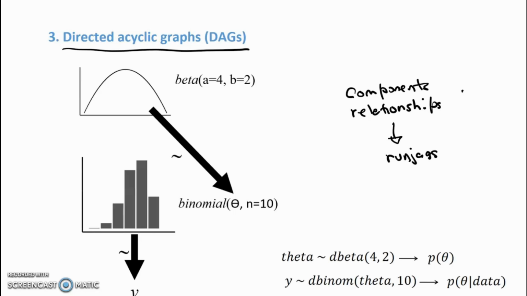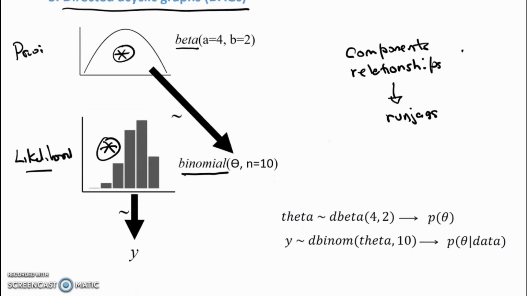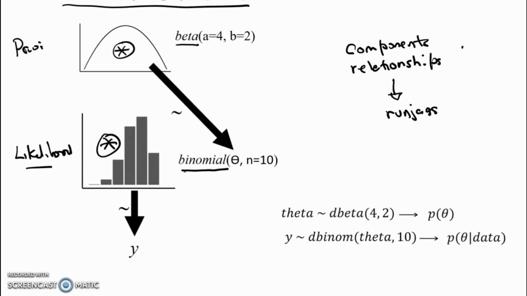code. So here we have an icon that represents the likelihood function. So there's one component. It's going to be a binomial, and another component is this icon that represents the prior, and it's going to be a beta. In terms of interpreting our directed acyclic graph, a good way to begin is at the bottom.